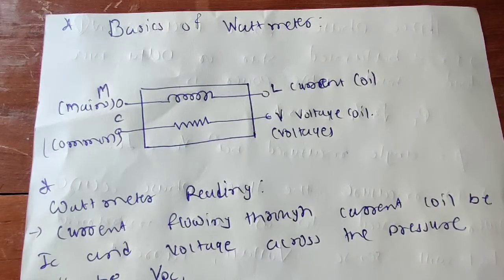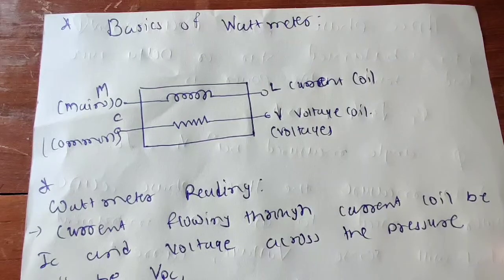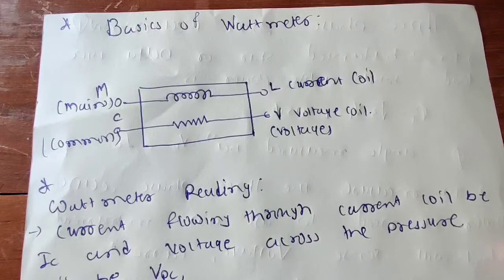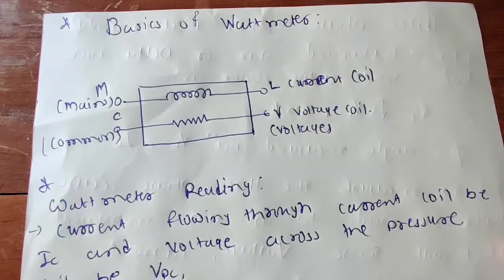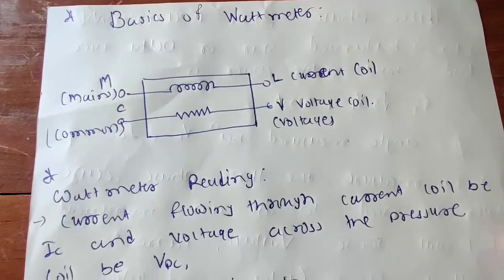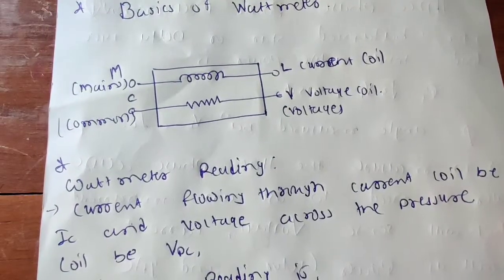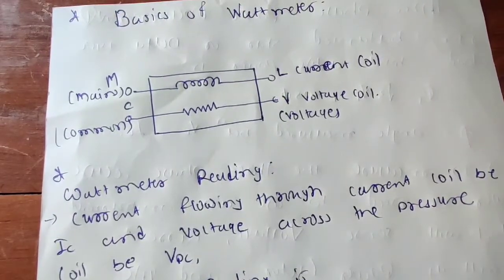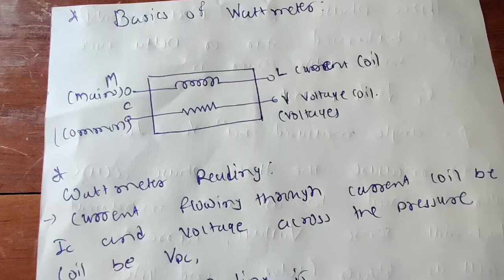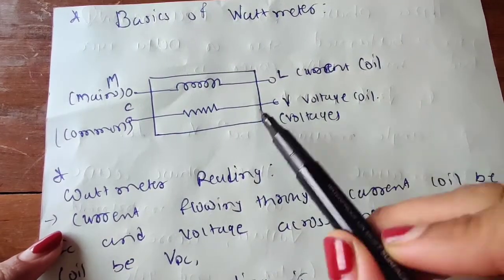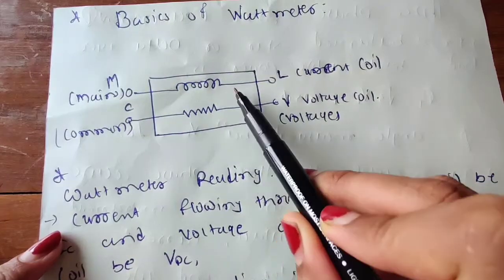A wattmeter is an instrument which can measure power in a single-phase or three-phase AC circuit. It gives a reading directly in watts. As per the diagram, you can see that it has two different coils, namely a voltage coil, also called a pressure coil, and a current coil.